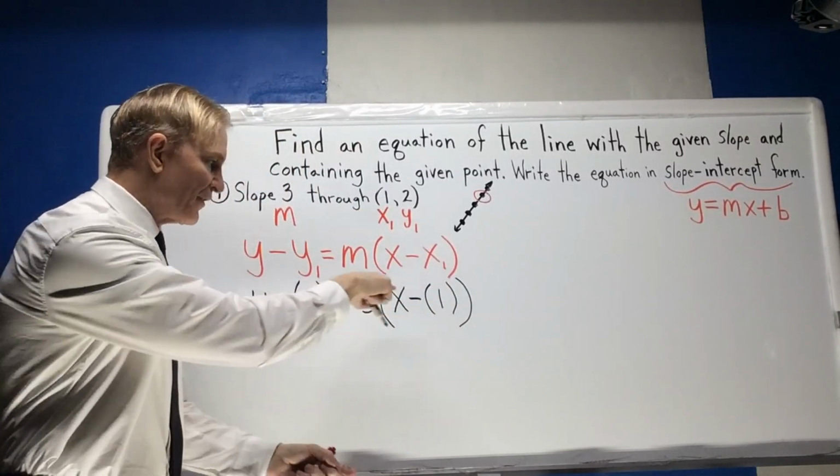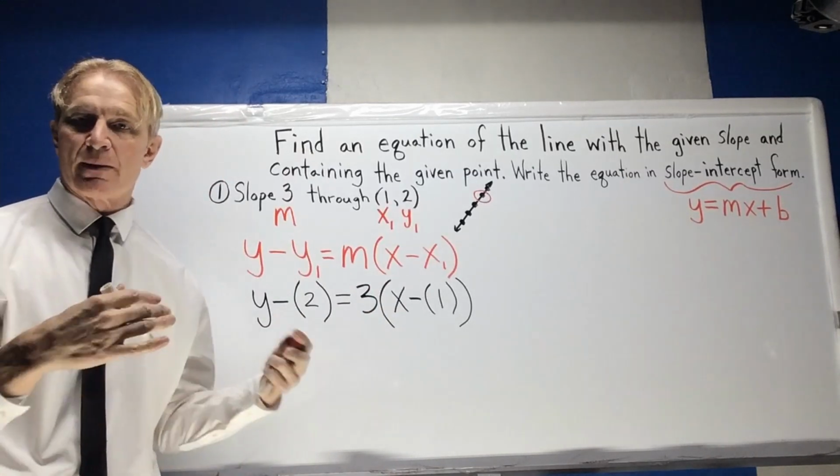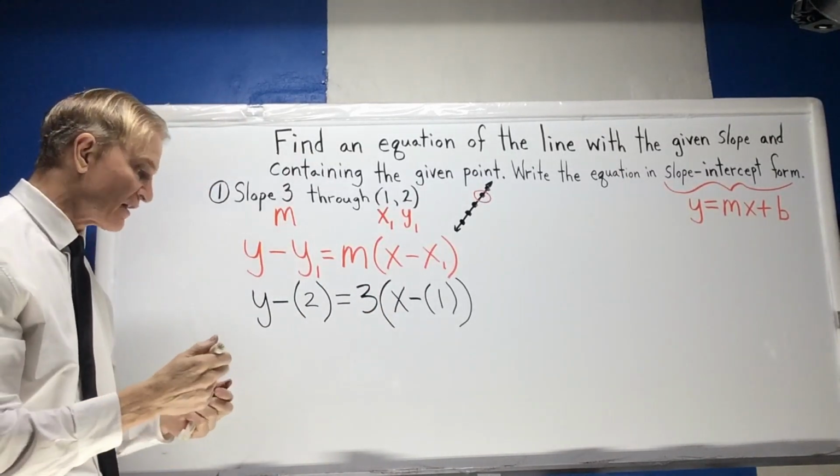I put parentheses around the 2 and the 1 because sometimes you have a negative number. Remember, negative times negative will give you a positive ultimately.